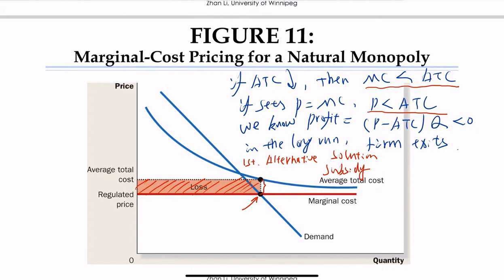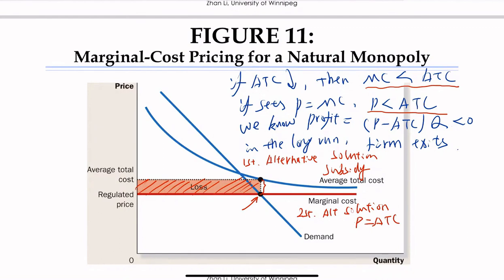So what's the second alternative solution? Well, maybe we can do this. We know that if price equals marginal cost, then price will be lower than average total cost, and the firm will want to exit. Maybe we just set price equals average total cost.